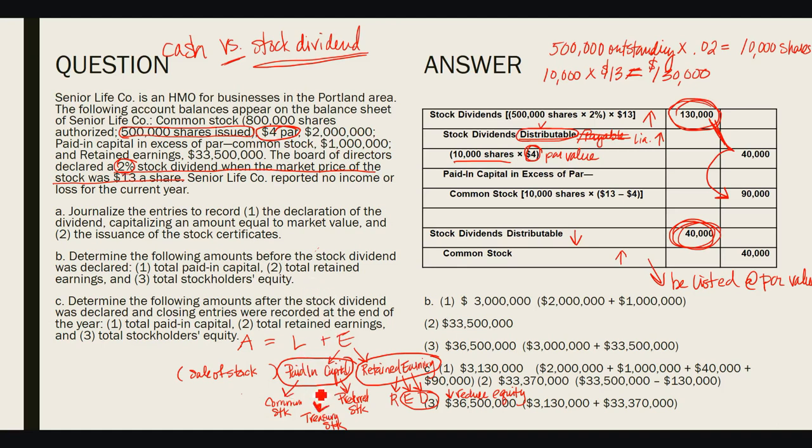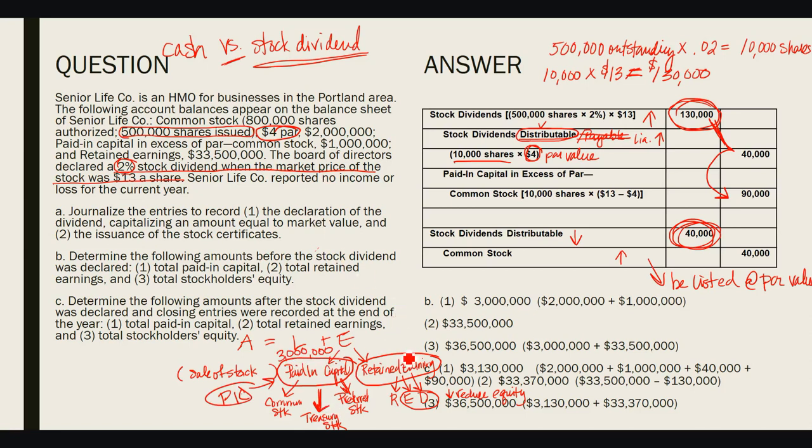Now the PIK is listed in here too. I just didn't have enough room. So the PIK account is also a part of the paid-in capital. So that collectively is $3 million. So our paid-in capital before we did the stock dividend is $3 million.